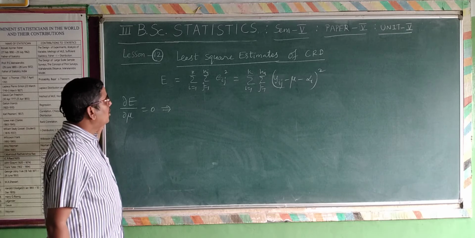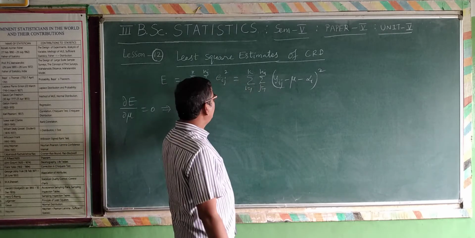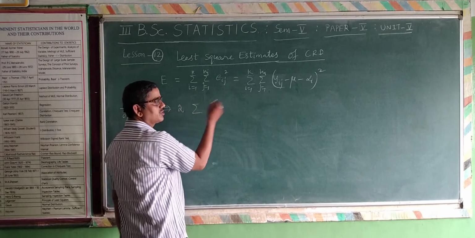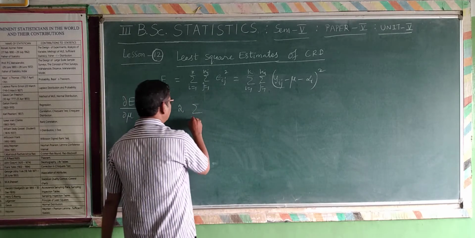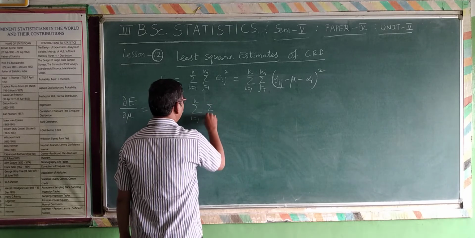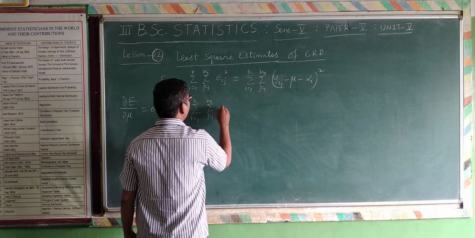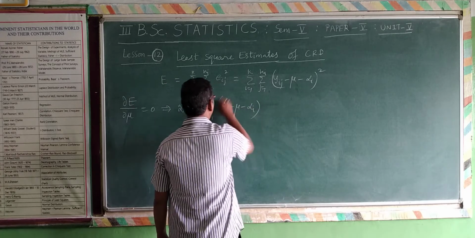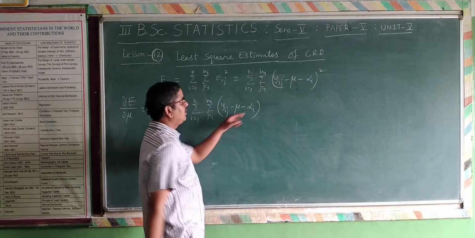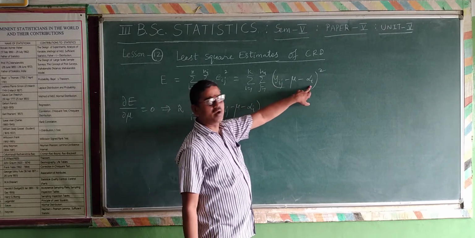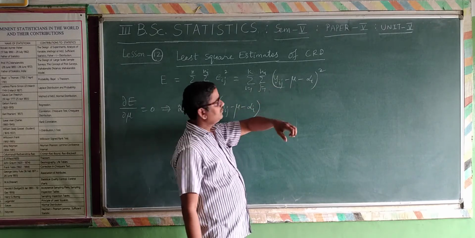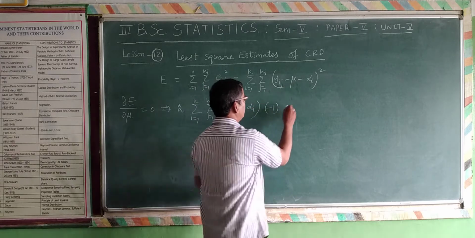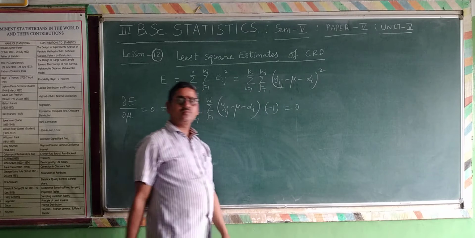Differentiating E, it is 2 multiplied by summation i equal to 1 to k, summation j equal to 1 to ni, Yij minus mu minus alpha i, multiplied by the differentiation of Yij minus mu minus alpha i. That is 0 for Yij, minus 1 for minus mu, and 0 for minus alpha i, so it is equal to 0.